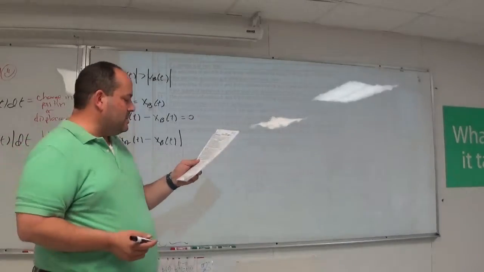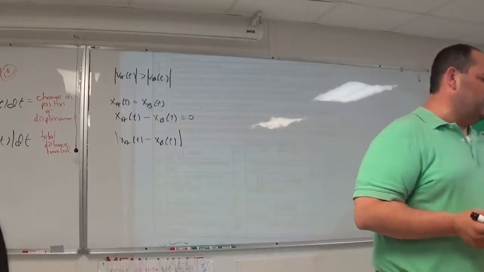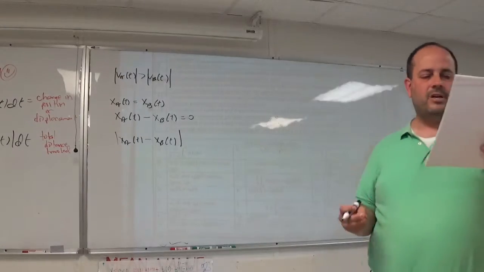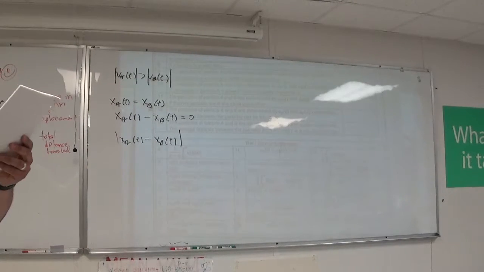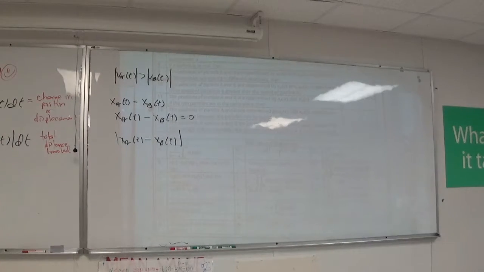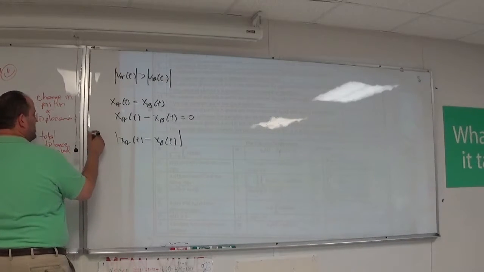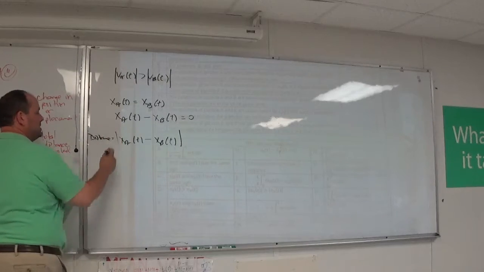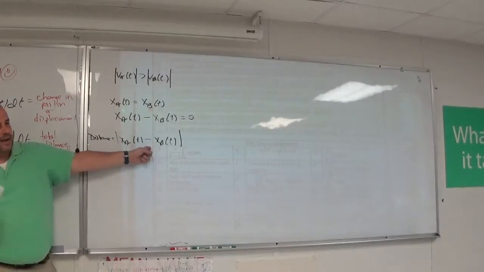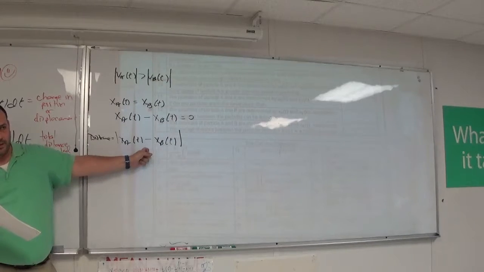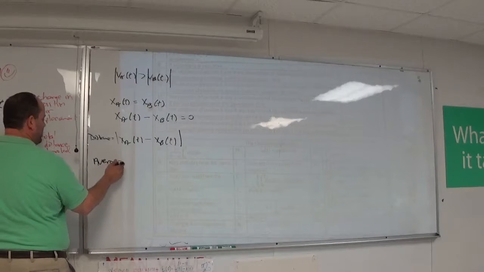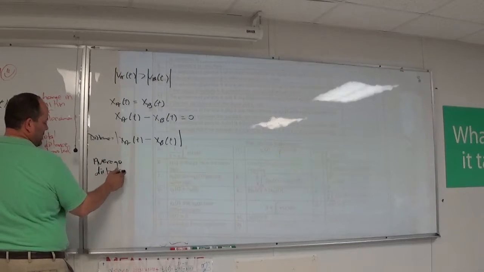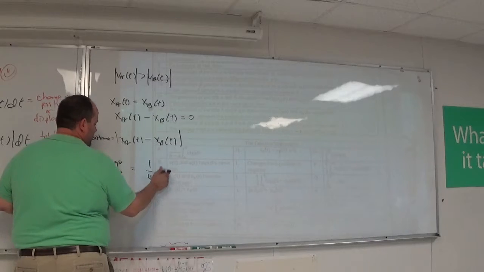So now that we've got that, the positions of particle A and particle B are determined by x sub A of t and x sub B of t respectively. The average distance between these from t equals 0 to t equals 4, P or R. This here is your distance expression, right? And what am I asking for in this last one? I want average distance. How do we find average anything?